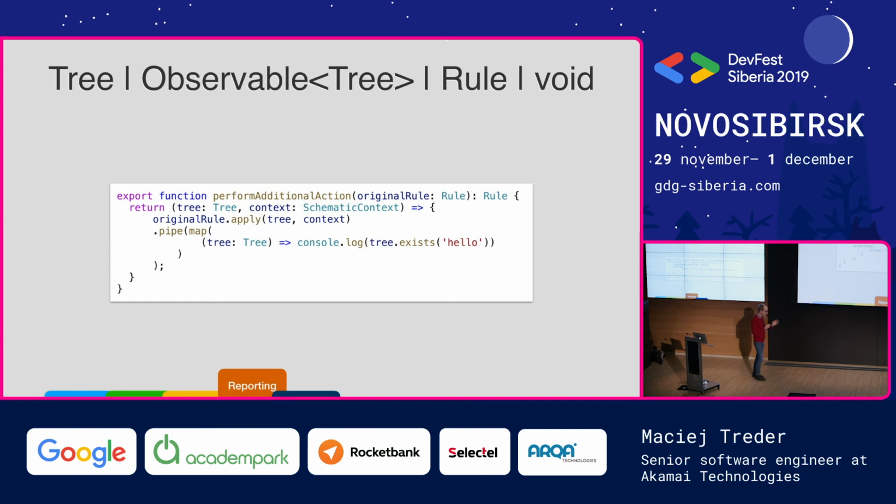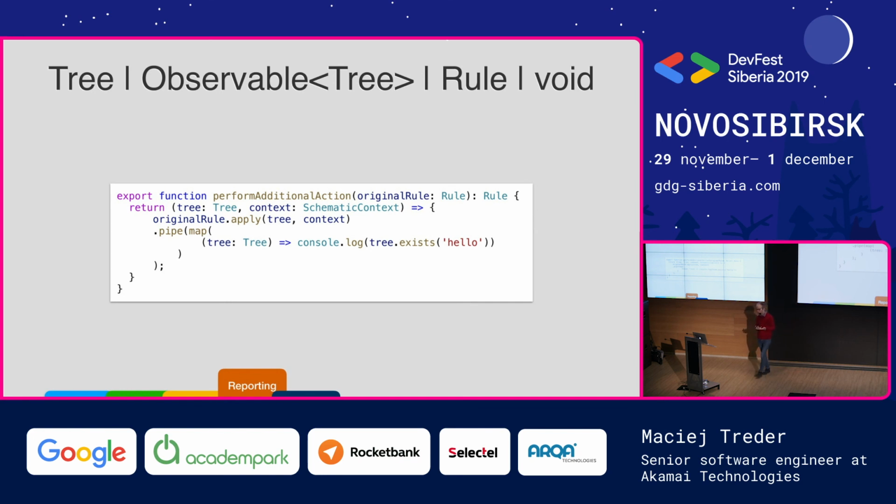What about problems? What if schematics won't work? How to get information about the errors which occur? Because schematics are not only returning the tree. What the rule can return is observable of tree, another rule, or void.